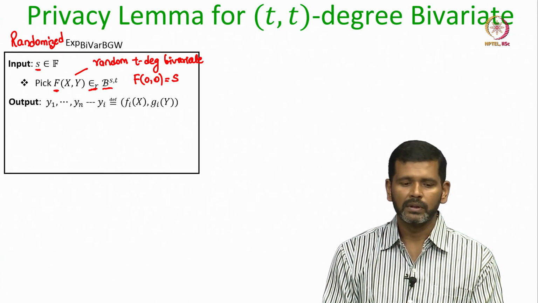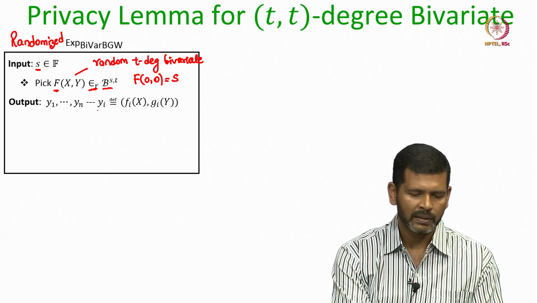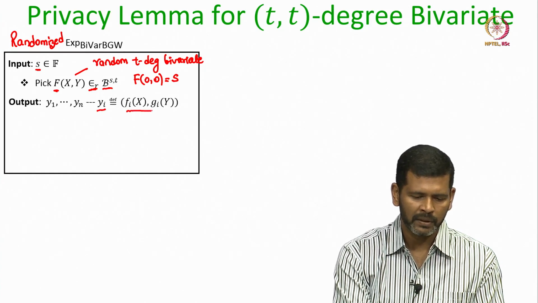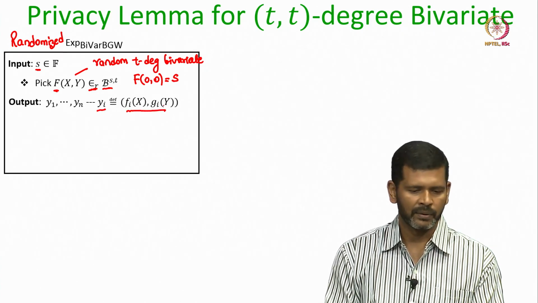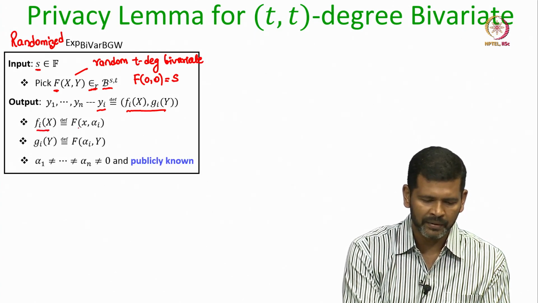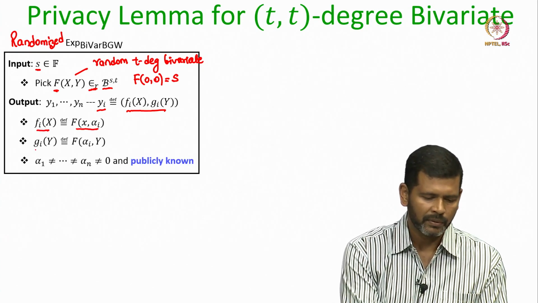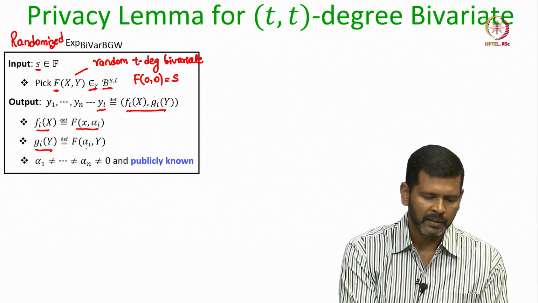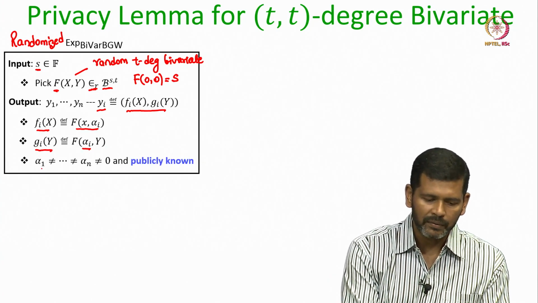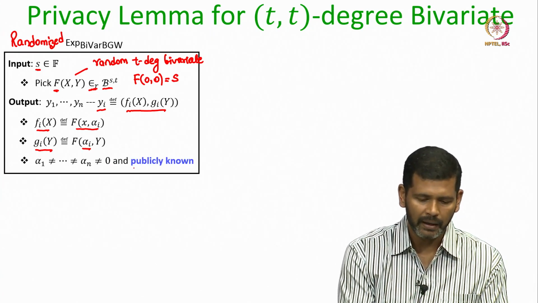And what is the output? The output consists of y1 to yn, where the ith output is the pair of univariate polynomials f_i(x) and g_i(y), where f_i(x) is the value of the bivariate polynomial at y equal to alpha_i, and g_i(y) is the value of the bivariate polynomial at x equal to alpha_i, and where alpha_1, alpha_2, ..., alpha_n are non-zero elements from the field and they are publicly known.